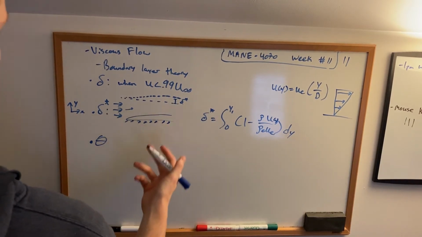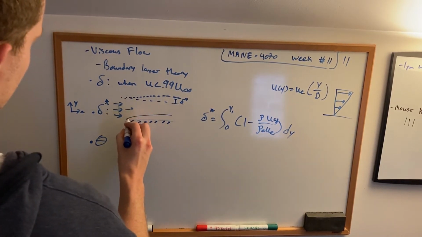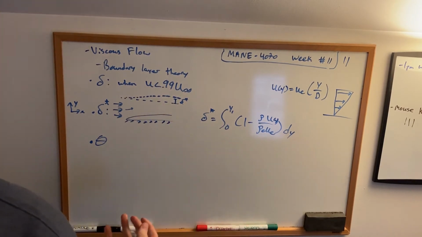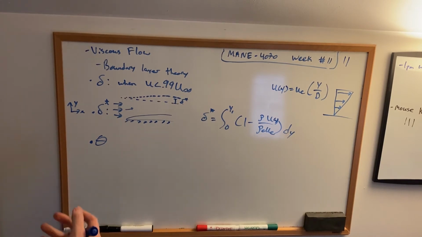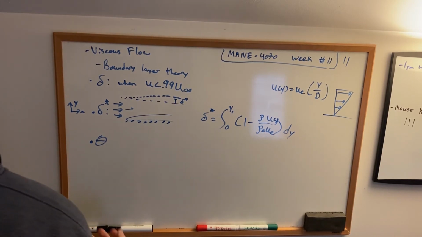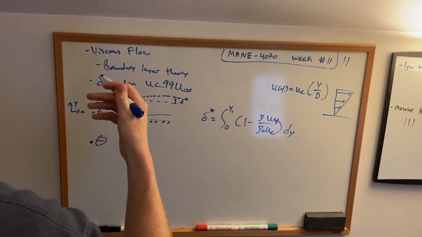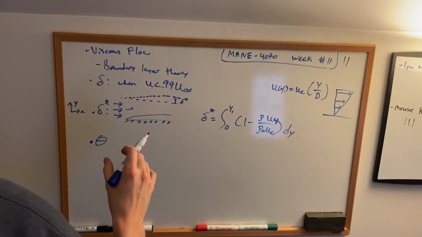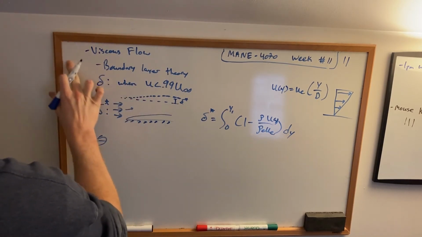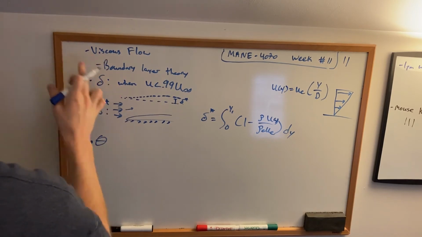Same idea, where these viscous effects are taking away momentum from the flow. Physically, it's the height of the hypothetical stream tube that would be carrying the momentum loss, so it's the height of whatever stream tube holds as much momentum as is lost by the boundary layer.